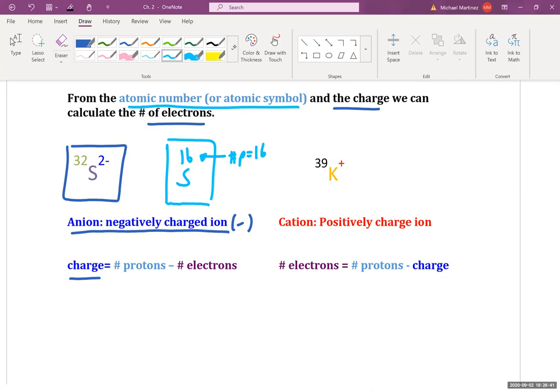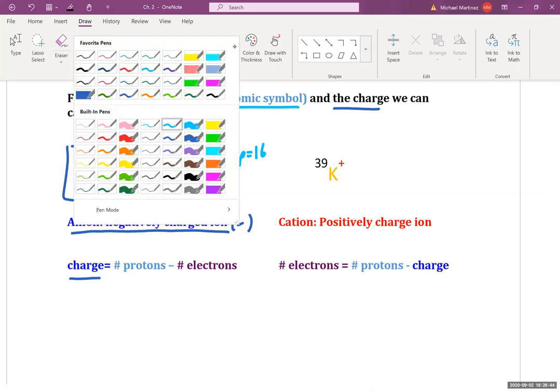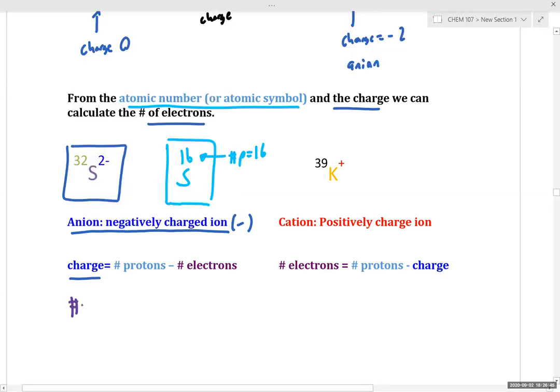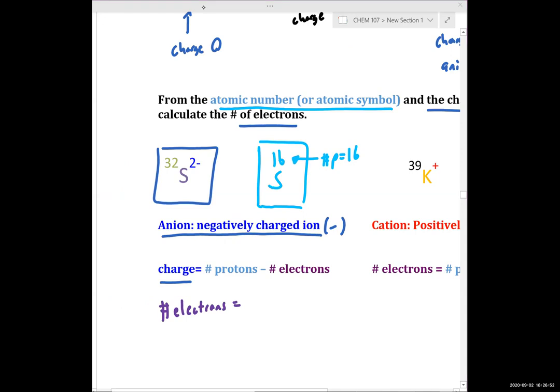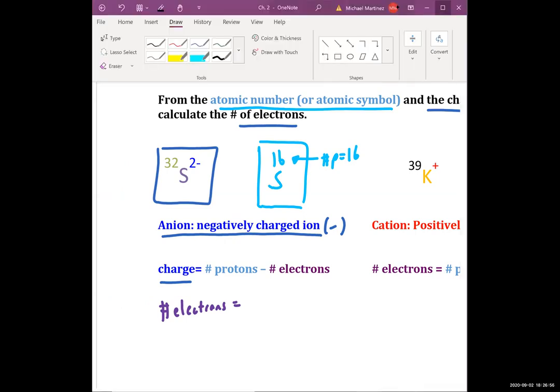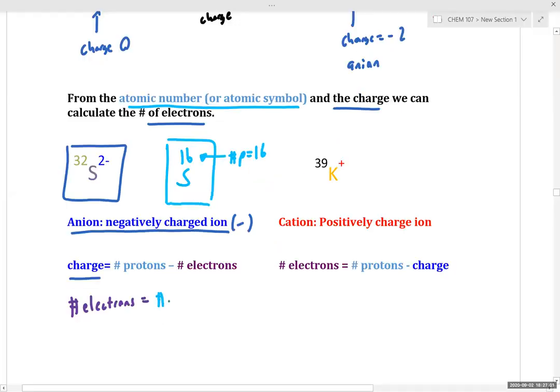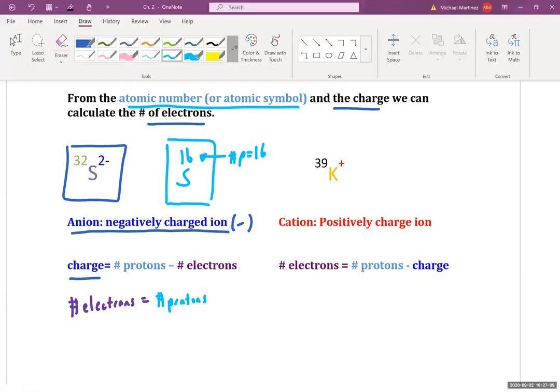Okay. So rearranging this equation, we can solve for the number of electrons. And the number of electrons is equal to the number of protons minus the charge.